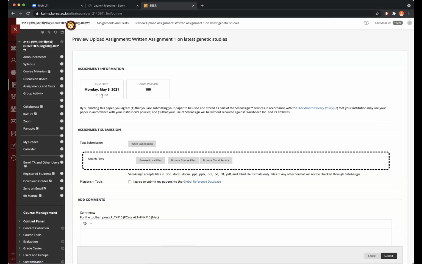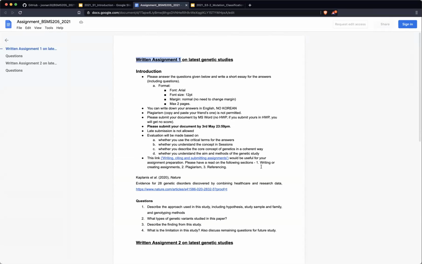So if you have read this page, please prepare your first assignment and submit on time, right? I think I put it in the instruction: it has to be an on-time submission. Late submission is not allowed.